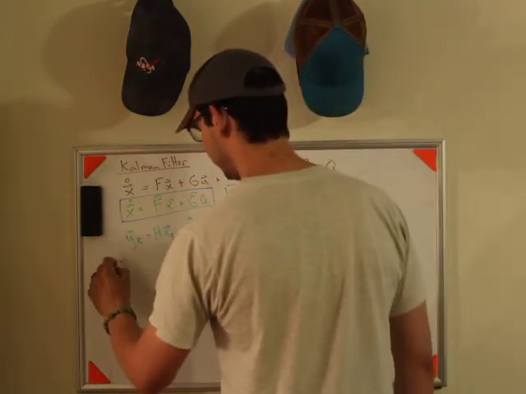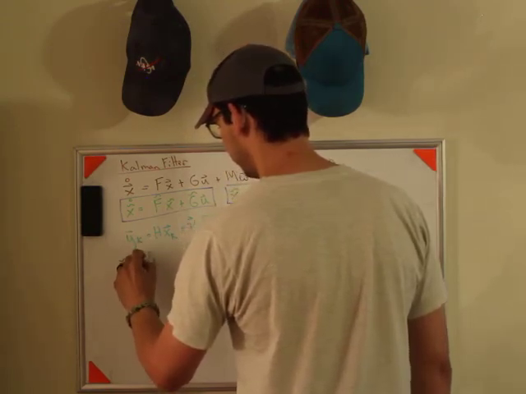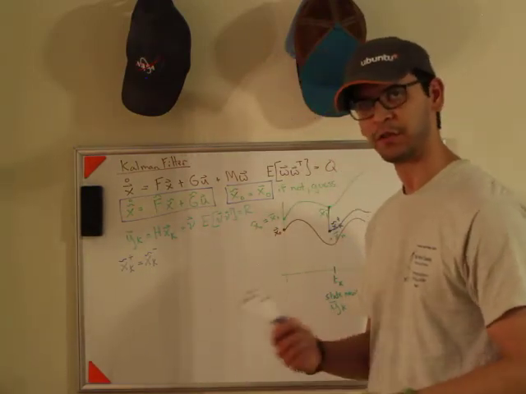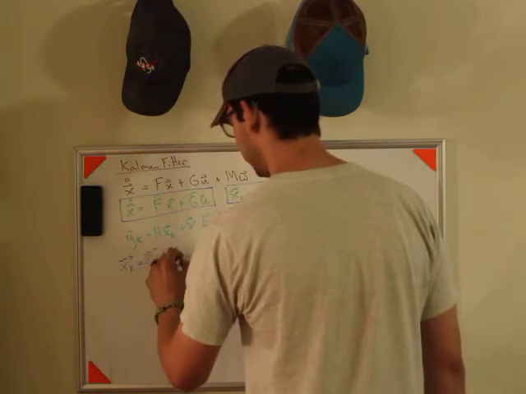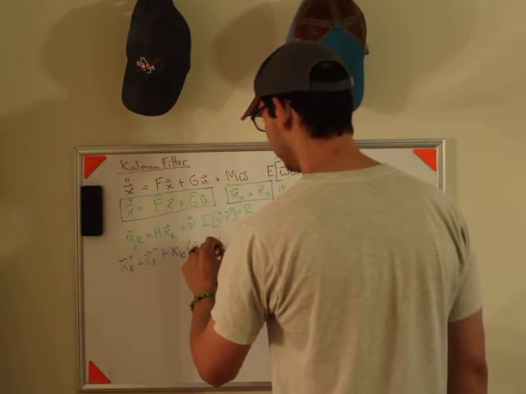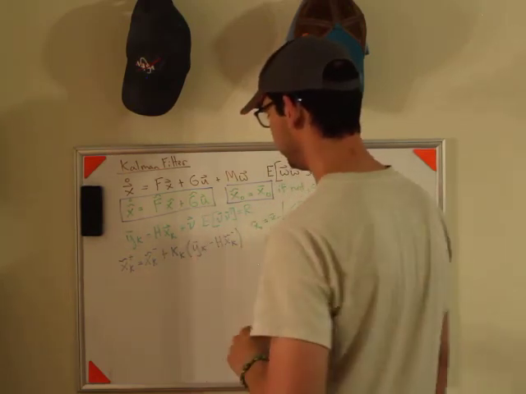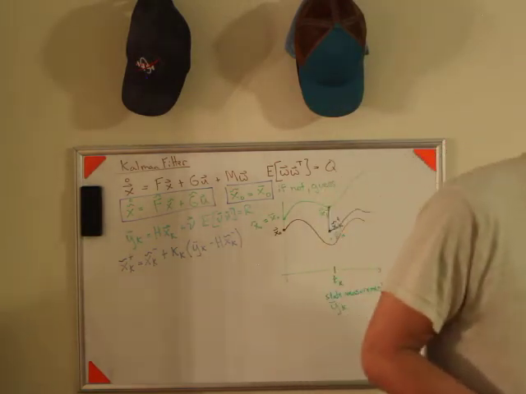So x k plus is going to be x k minus, and if you remember from the complementary filter that we did in the sequential linear least squares, I'm going to have a Kalman gain matrix times my measurement minus H x k tilde minus. And that is going to be my update equation.